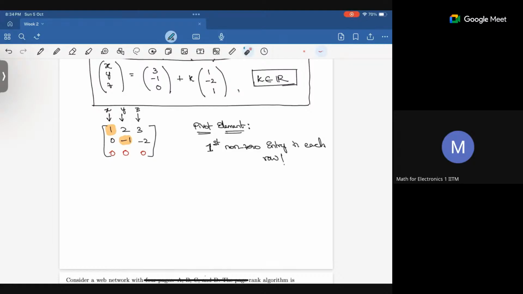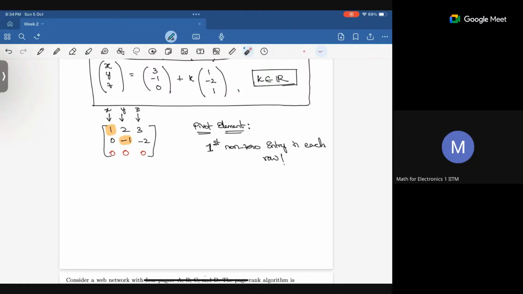So none of them can be a pivot element. So once you identify these pivot elements, then you look at those columns which have pivot elements, or those columns which do not have pivot elements. Only the column Z does not have a pivot element. The rest, X and Y, have pivot elements.